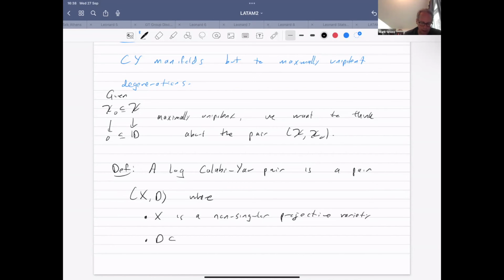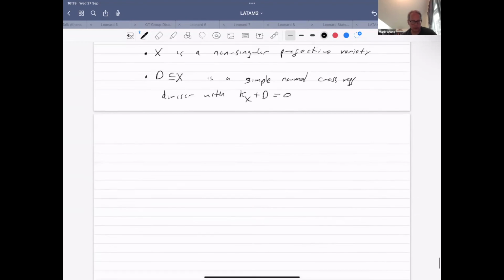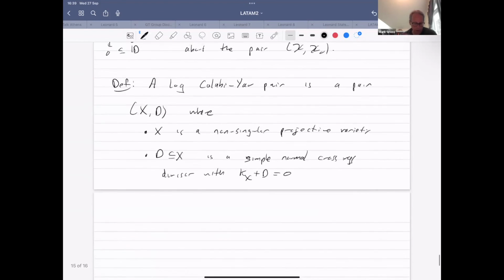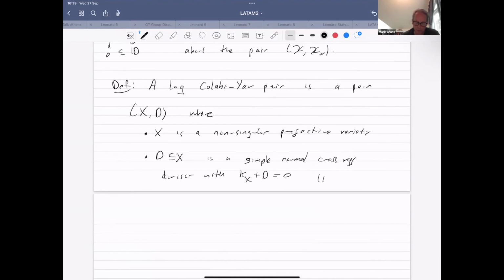And D contained in X is a normal crossings or simple normal crossings divisor with K_X plus D equal to 0. So the canonical class of X plus D is 0. Put another way, D is an anti-canonical divisor.